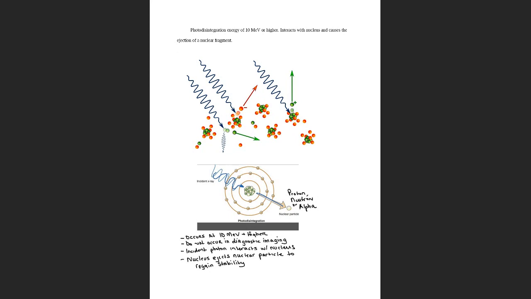All right, so those are all our interactions. So again, how do I tell all these interactions apart from one to another? For pair production, photodisintegration, and coherent, it's most important that we recognize that they do not occur within the diagnostic range, but that they are X-ray interactions with matter.